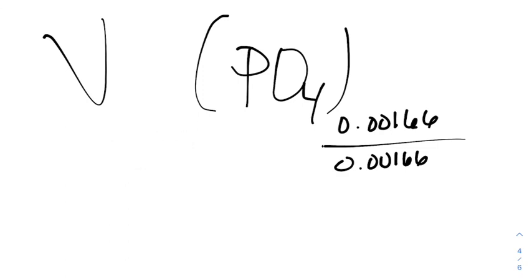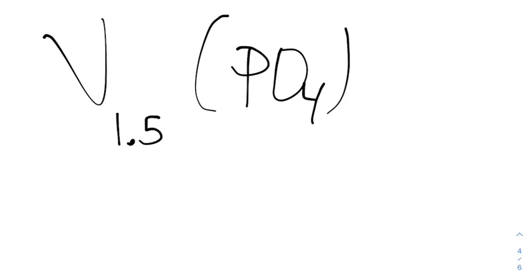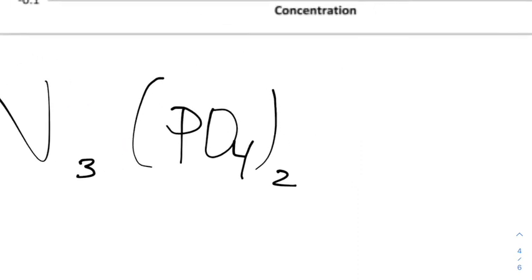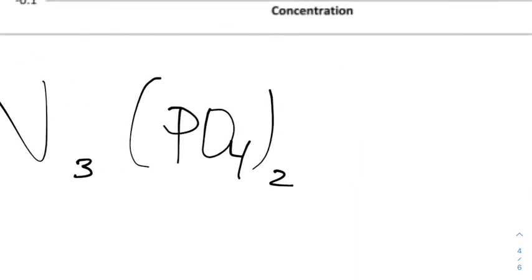This sounds familiar. So this is 1.5, and this is 1, which really means if it's a 1.5 to 1, I can't have a half, so I have to double that up to 3, which means I have to double that up to 2. So my correct formula then is V3(PO4)2. So what is the charge of the vanadium?